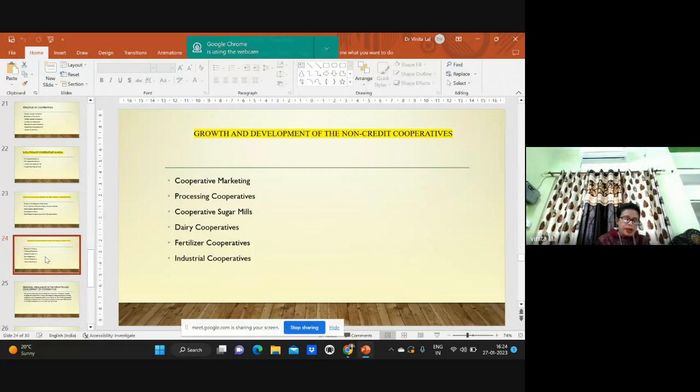Cooperative marketing was realized in view of the malpractices prevailing in buying and selling of agricultural produce, and the producers were not getting their due share. It is an understanding or agreement between two companies aiming to promote or sell to other companies.